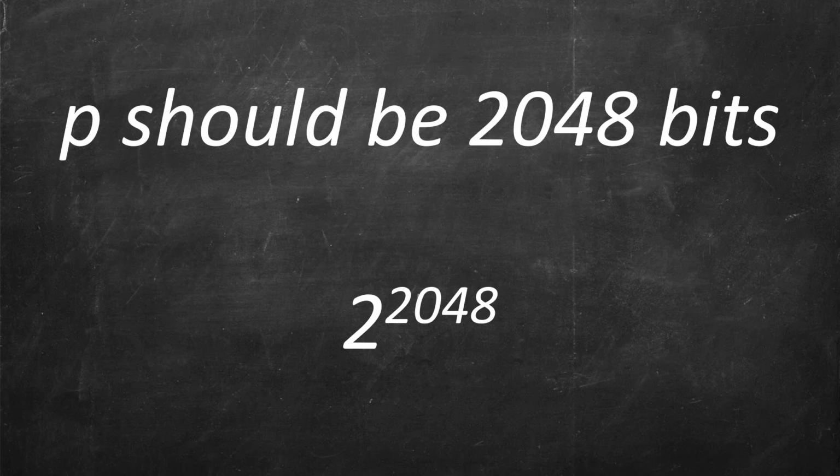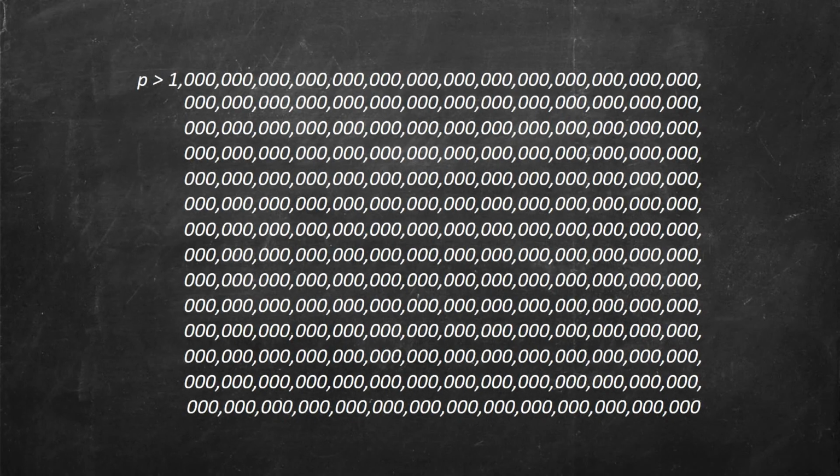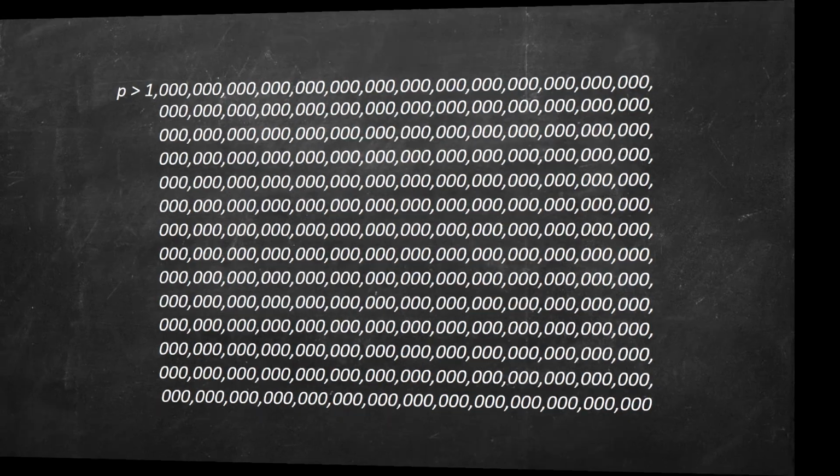But a $300 or $400 million investment is not out of reach of some people that want to crack the encryption, especially the Russians or whoever. So, current recommendations are to use a P value that's at least 2048 bits, which is 2 to the 2048, which is basically like a number with 600 digits. Not joking.